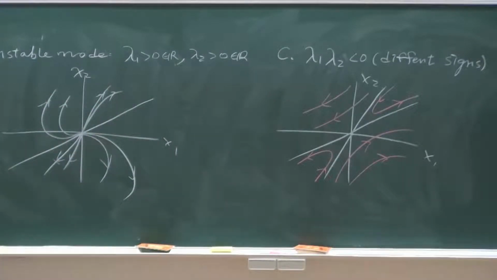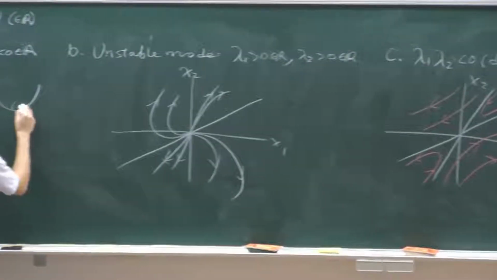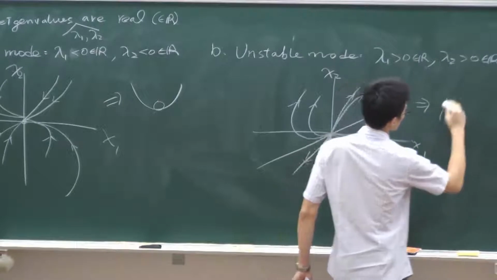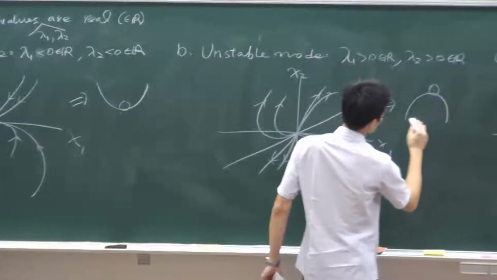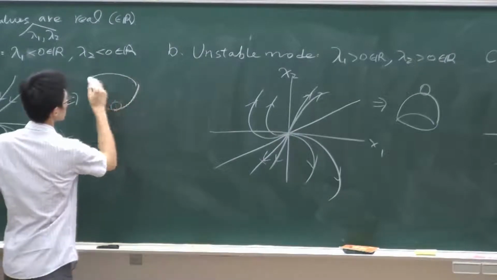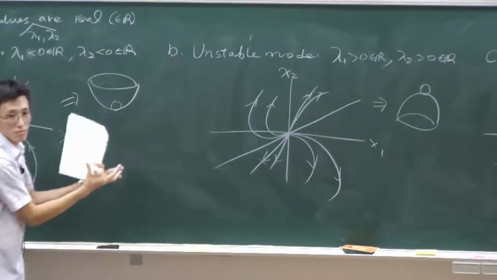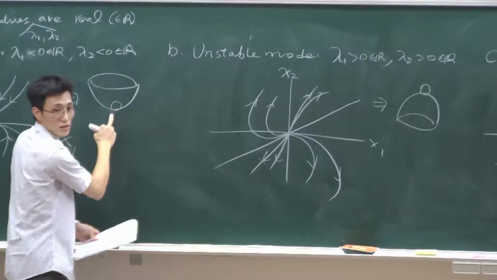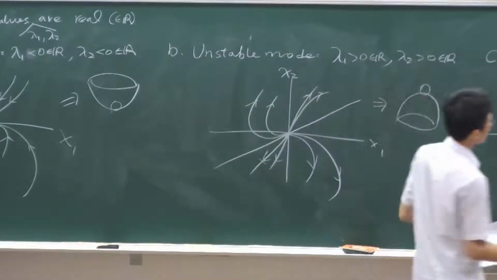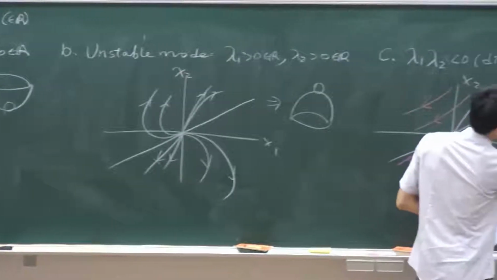So in this case it's kind of like this. It's 2D, so it's like a ball. It's stable at the bottom, and at the top it's unstable, and this one is a saddle.